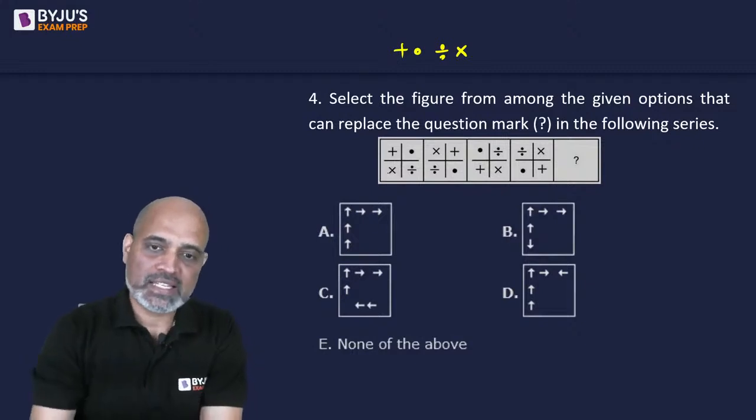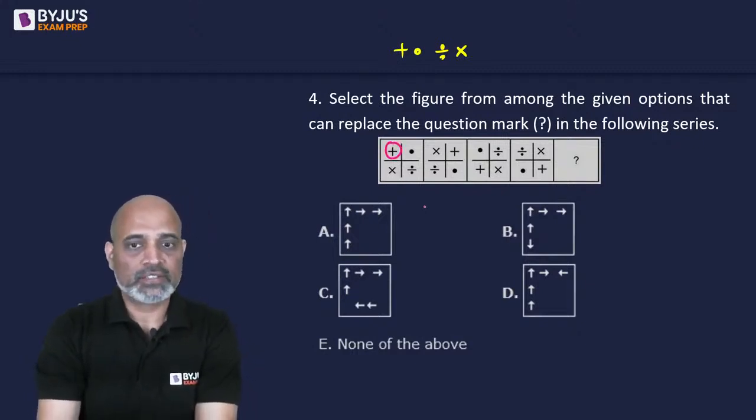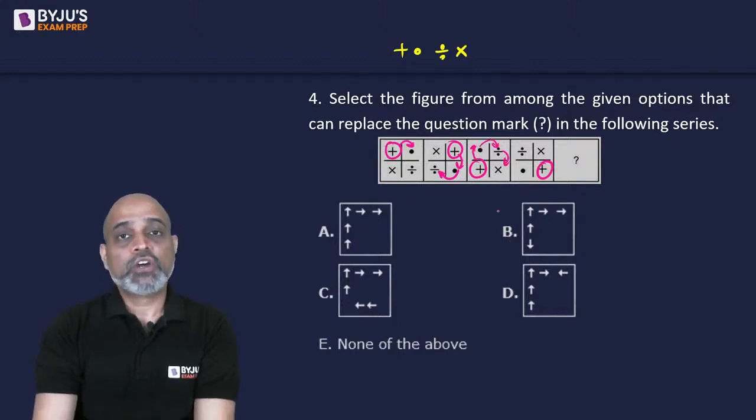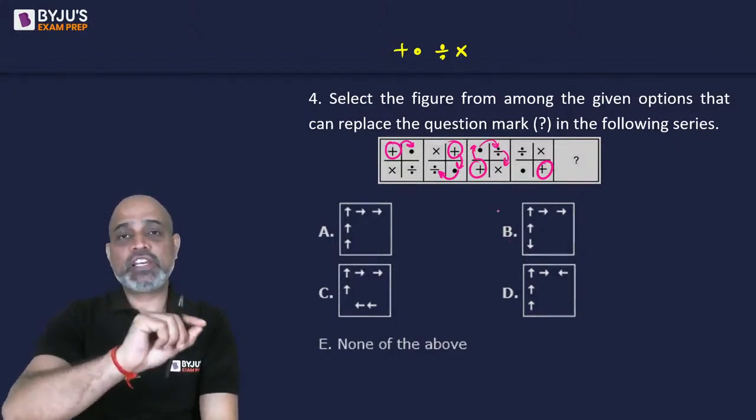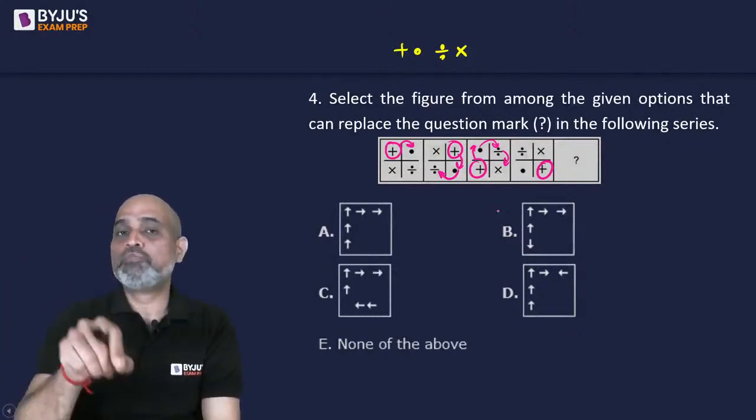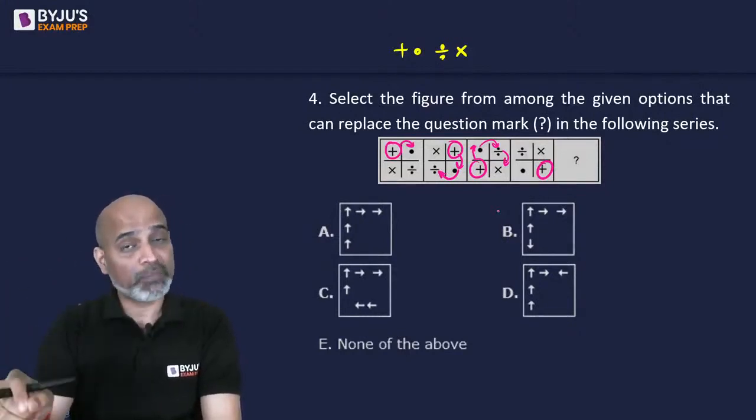So plus is initially here, then it moves to the next one. Then it goes to the diagonal one, as in it moves 2 places. And then it moves here, that means it moves 1, 2, 3. So the plus symbol initially moved by only one place, then by 2 places, then by 3 places.